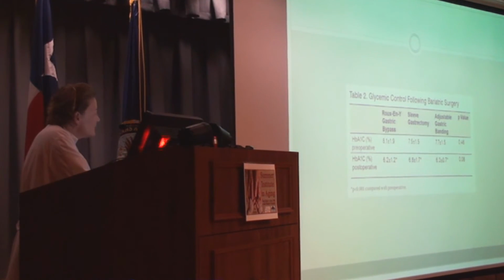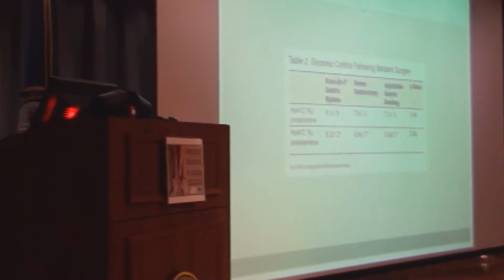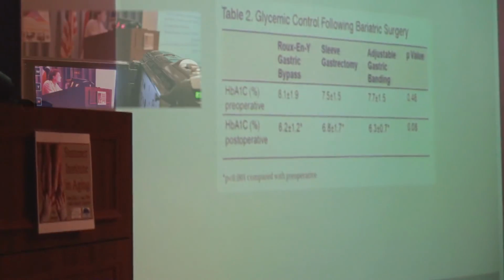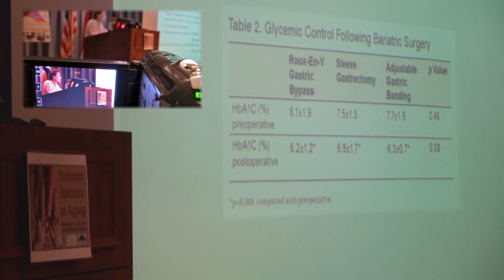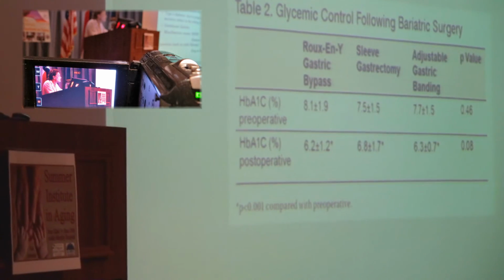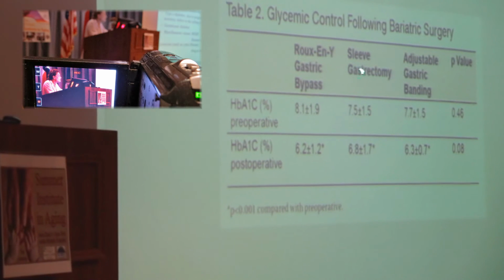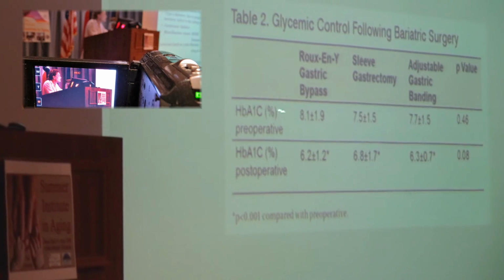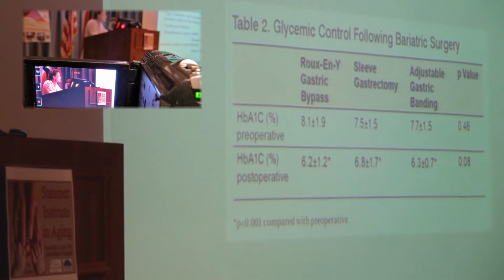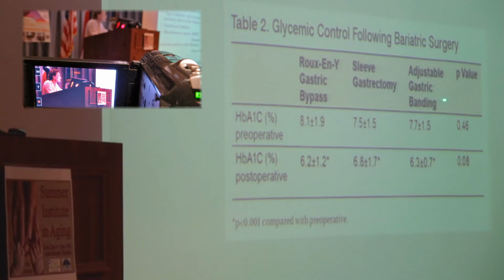And it seems the success with diabetes control is different depending on the different bariatric surgeries. So the big boy, the Roux-en-Y, where we make the stomach very small, staple it off, and bypass the first part of the small bowel, the A1C normalizes after bariatric surgery.